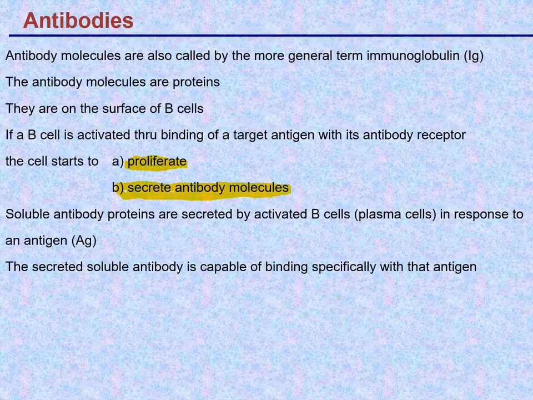But the antibody molecule goes all through the body, okay? And it's still, even in a soluble form, capable of binding specifically with that foreign antigen molecule that initially activated that first B cell that had a specific antibody for the antigen. So you end up with lots of B cells, all the same to each other, so they're all a single clone, they're clones of each other, and they're all secreting this one type of antibody molecule.